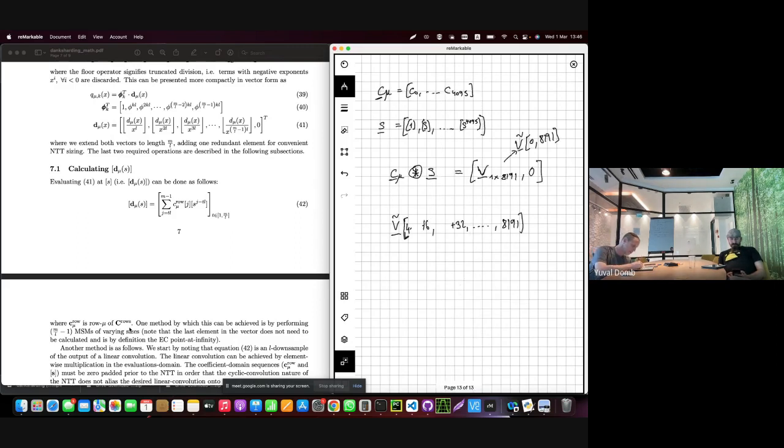So this would be 4096 plus 16, 4096 plus 32, and so on, until I get to plus, no, I do have a small misalignment here. It's 4095.